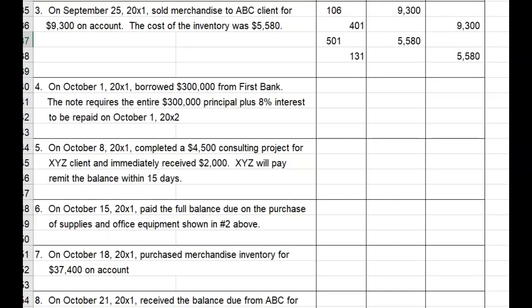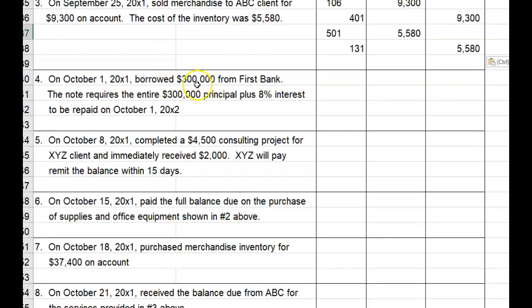On October 1st, the company borrowed $300,000 from First Bank. The note they signed requires the entire $300,000 principal plus 8% interest to be repaid on October 1st, 20X2, 1 year later. As of October 1st, there is no interest on this note because that's the day they borrowed the money.